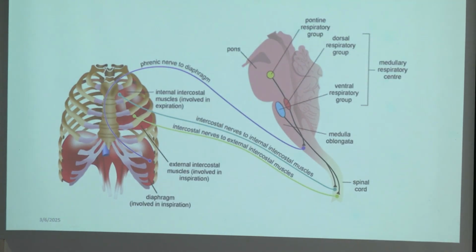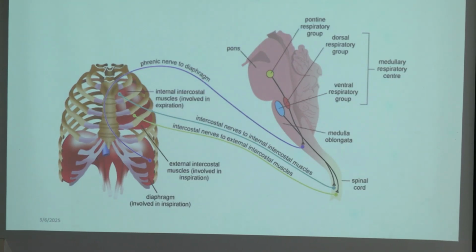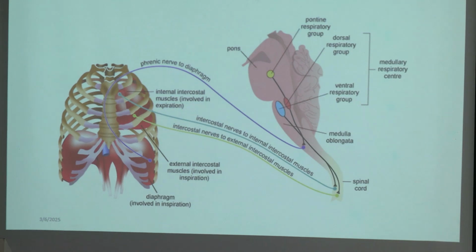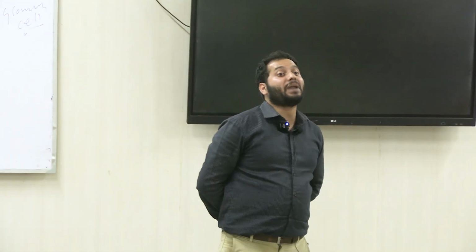And these central chemoreceptors are very much sensitive to increased level of PCO2 and pH. More specifically, we can say these receptors are very much sensitive to H plus ion.